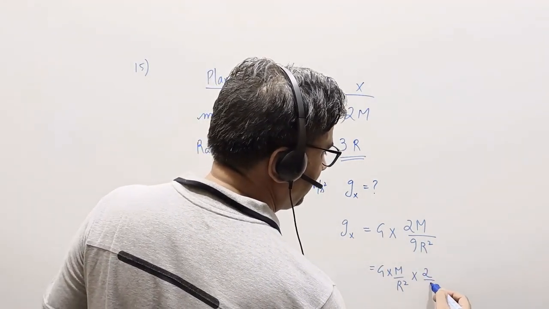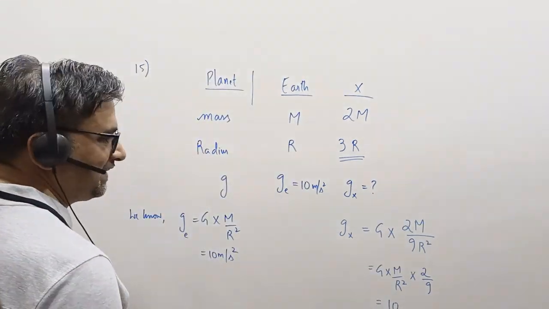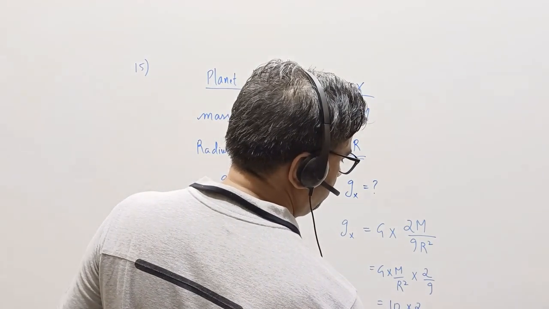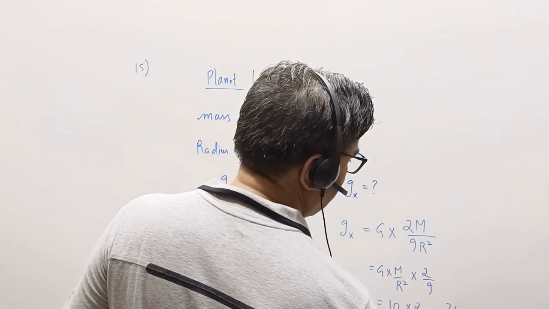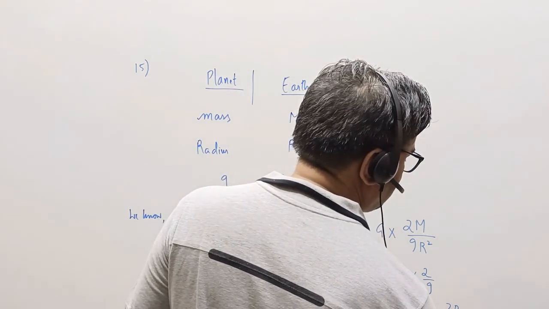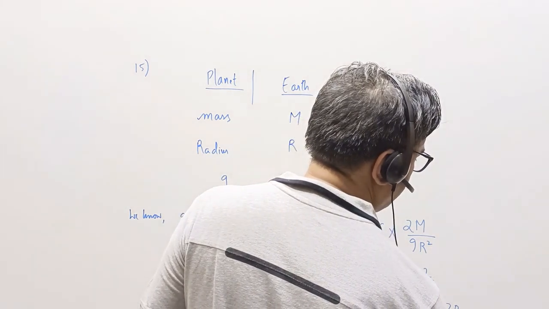So in this case, it's 2 by 9. This we know is 10. So this will come to 2 by 9 of 10, that is 20 by 9, and that will come to 2.22 meter per second square.